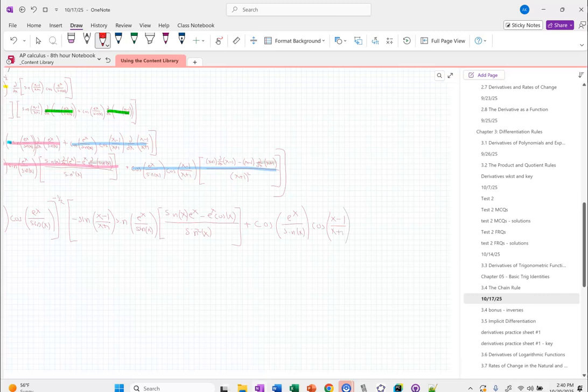And now in the interest of time, those guys both differentiate down to 1, right? Derivative of x minus 1, derivative of x plus 1. Yeah. So I have x plus 1 minus an x minus 1, so that's just going to be 2.